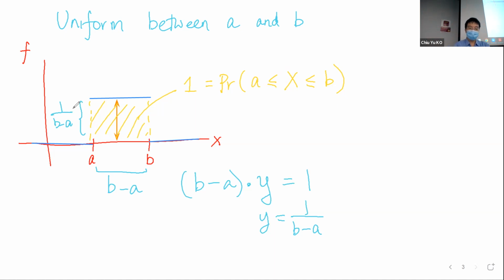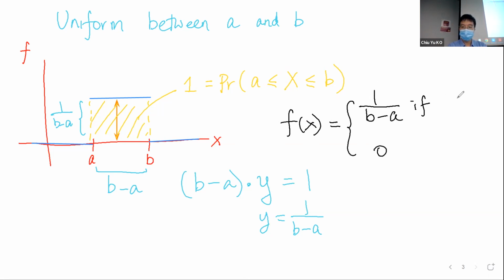So that's why in the notes we have the following: 1 over B minus A if X is between A and B, and otherwise 0. When it is between A and B it is 1 over B minus A, and outside of it is just 0.